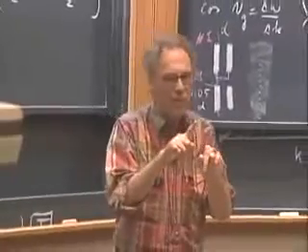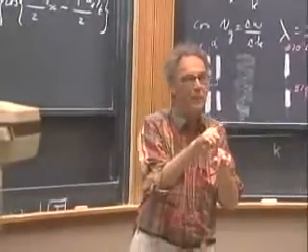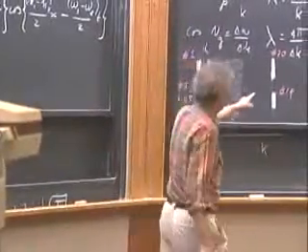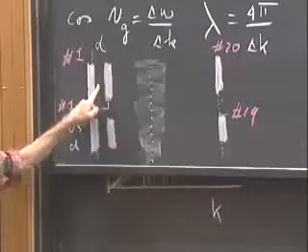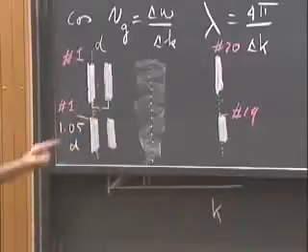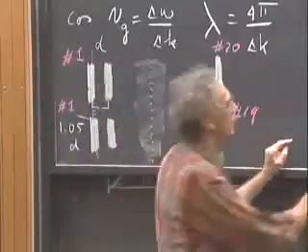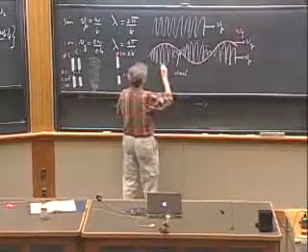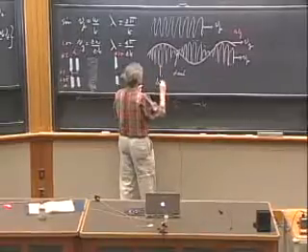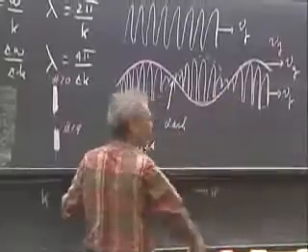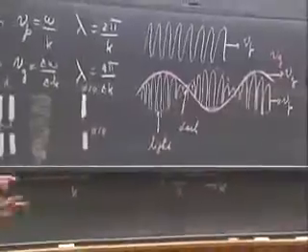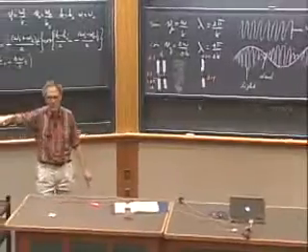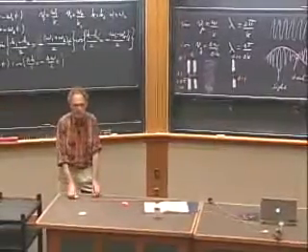Black will be on top of light, and light will be on top of black, and black on top of light. Here, however, it's back to what it was here. So you're beginning to see this kind of pattern. Think of this, for now, as being dark, and think of this now as being light. This kind of pattern is what you're going to see if I put the two transparencies on top of each other, as I will do very shortly.